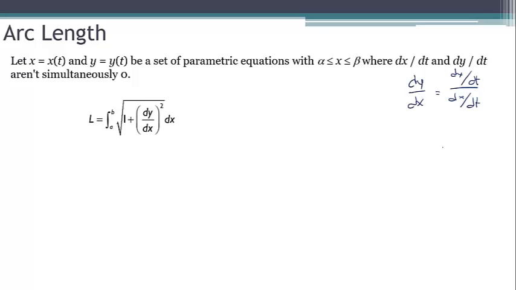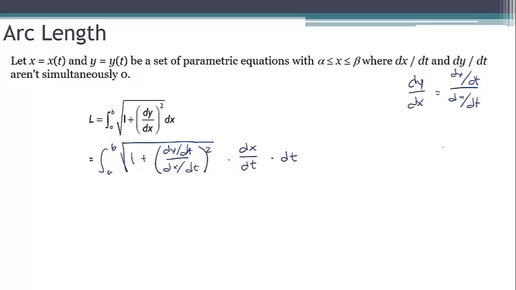First I'll substitute that into the integral here. Now I'm going to substitute (dx/dt) times dt for dx. And now we're integrating with respect to our parameter t.